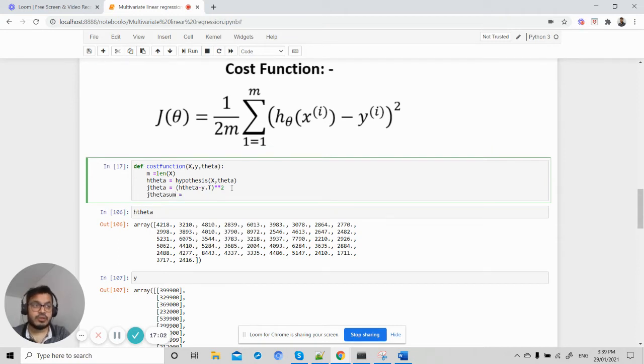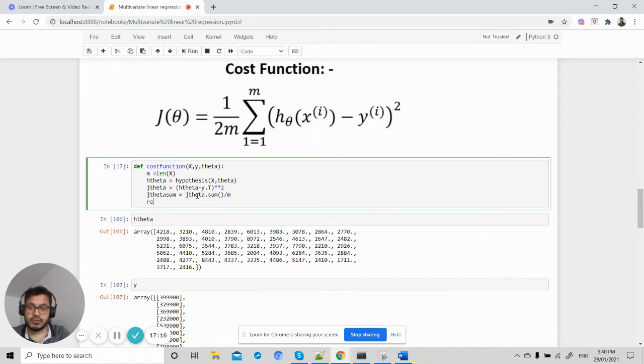Okay, so it will be g of theta, that sum. It will do 2y's divided by m. Okay, and then we return g of theta.